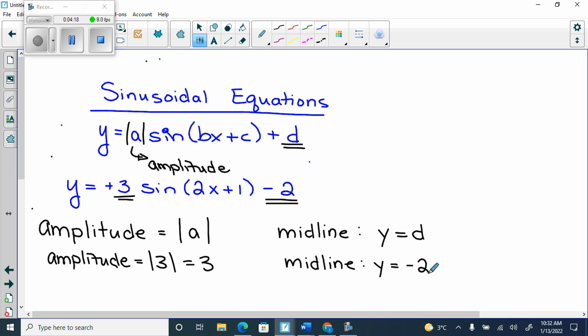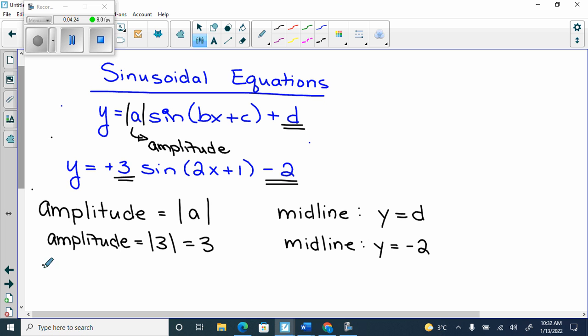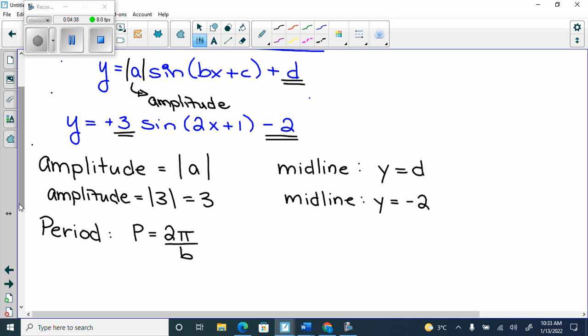The period is the only one that's a bit of work, because neither of those is work. It's just remembering which is which, right? The period is just P equals 2 pi over B every single time. What's my B in this equation? Two.